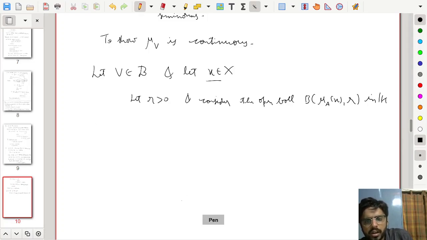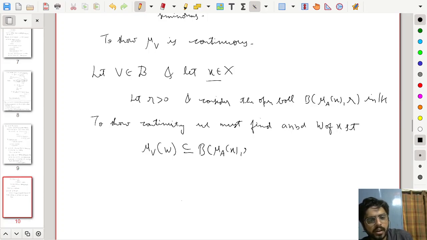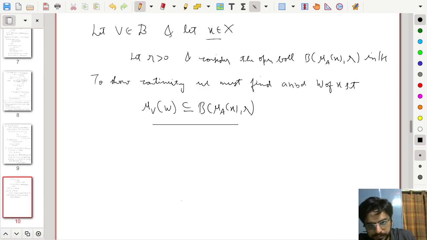To show continuity, we must find a neighborhood W of x such that mu V of W is contained in this ball B of mu V of x comma r, right? If we do this, then we would have shown that mu V is continuous.